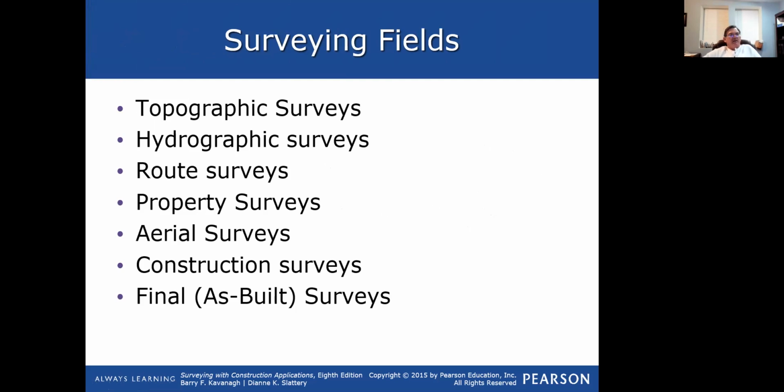These are different types of surveying. It says surveying fields, but really surveyors around here do all of them, except for aerial surveys. That is a particular field that is separate. Aerial surveys utilize ground control set by surveyors. If you've ever seen a target like an L or an X painted on the side of the road, that's a target set by a surveyor, and an airplane will fly over the top and take pictures.